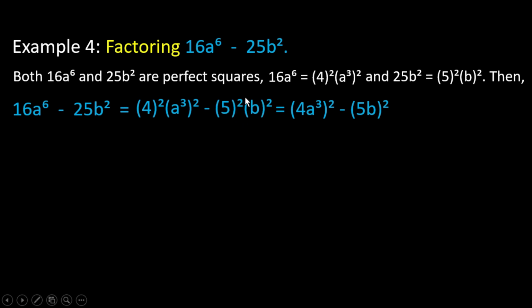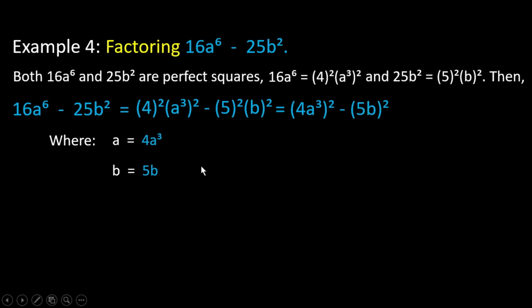Since pareho din sila ng exponent, tapos multiplication siya, so 5 at saka b, so 5b squared. Okay? At this point guys, alam natin kung ano yung value ng ating a at saka b. So, where a is equals to 4a cubed, ito siya guys. Tapos b is equals to 5b, ito siya guys.